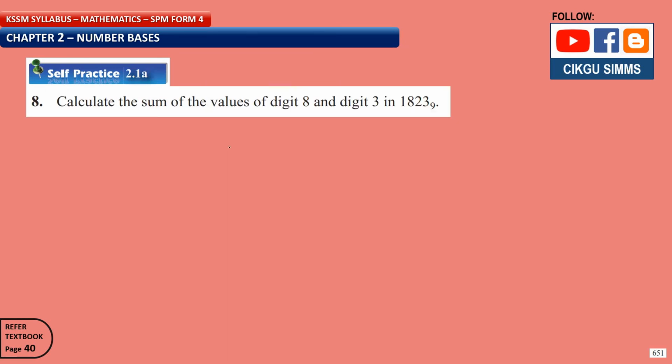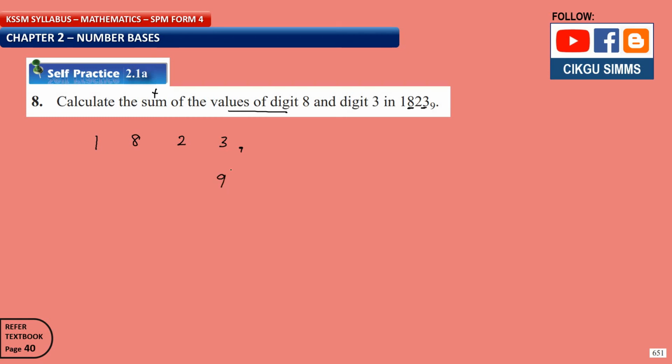Okay, question 8. Calculate the sum of the values of digit 8 and digit 3 in 1, 8, 2, 3 base 9. Okay, so digit 8 and digit 3. I need to find the digit value and then sum, plus them together. Okay, so 1, 8, 2, 3 base 9.